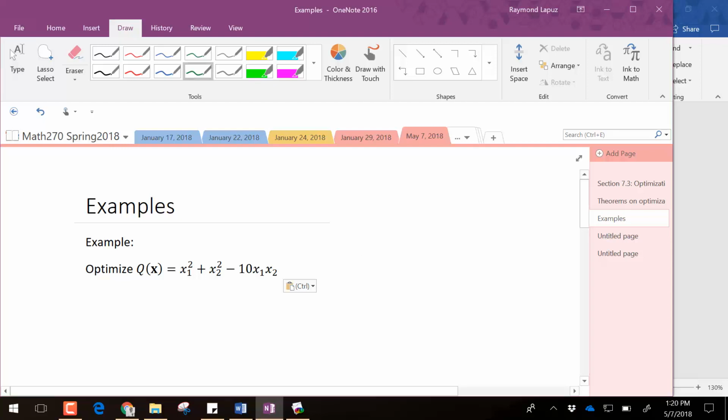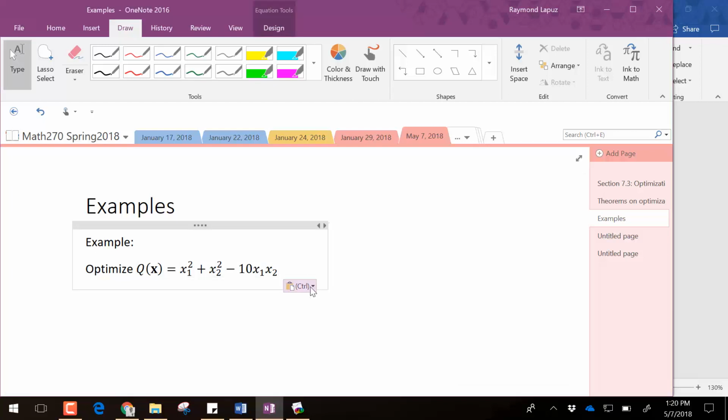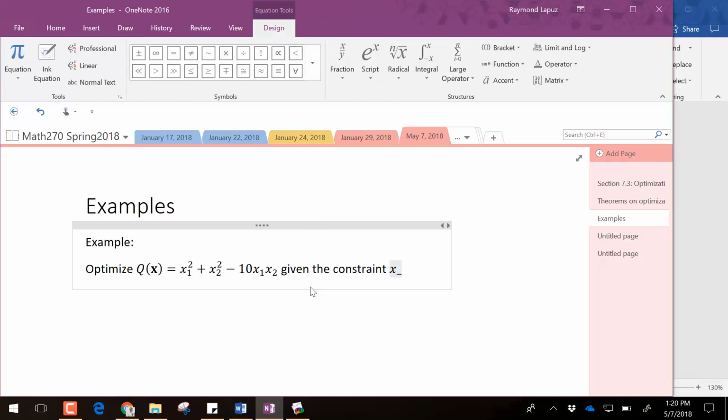I forgot to put the constraint down, so I'll write it down. Here we're just going to do equals 1 because it's only 2-dimensional. So our constraint is that x1 squared plus x2 squared equals 1.